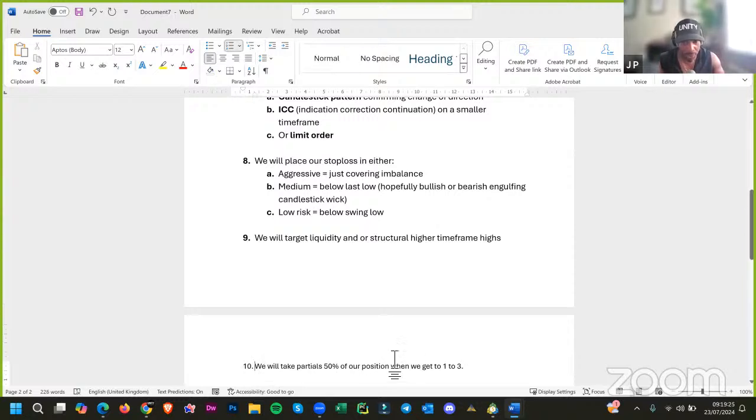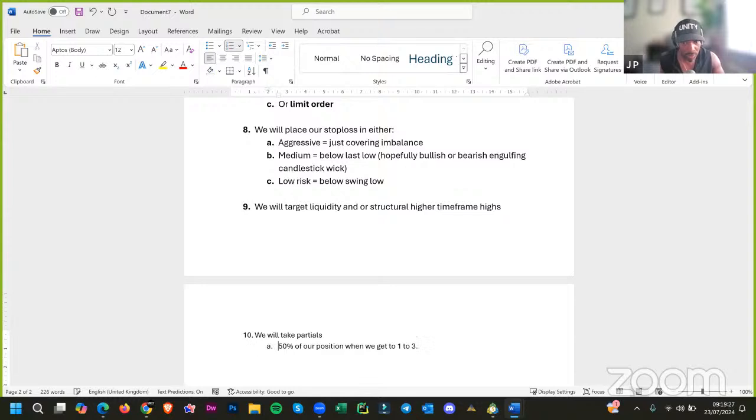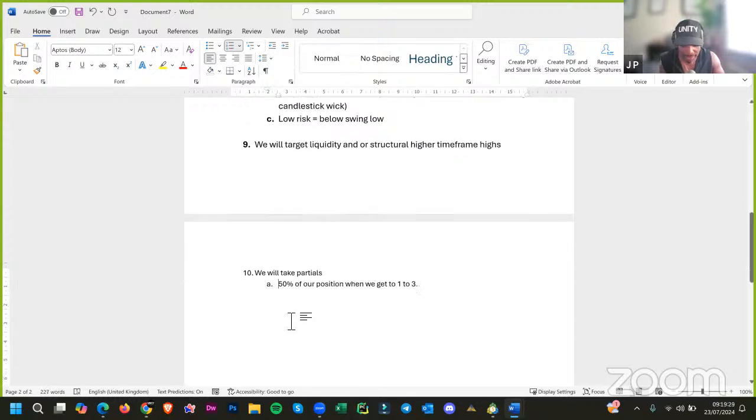We will take partials, 50% of our position when we get to a 1 to 3. At 1 to 3, we will make the trade risk free.